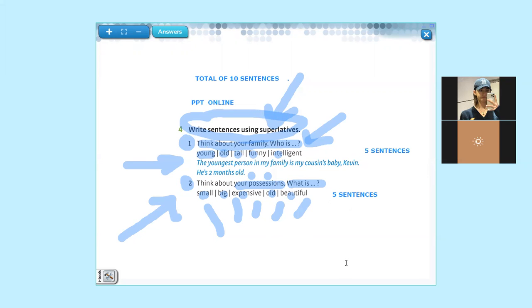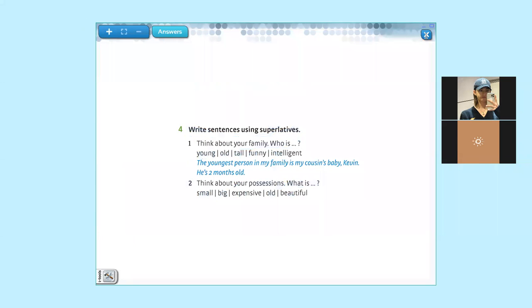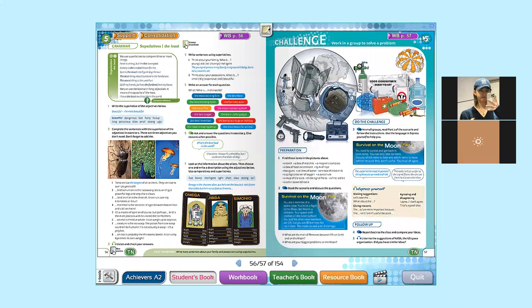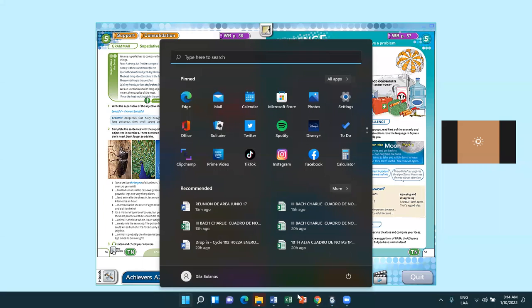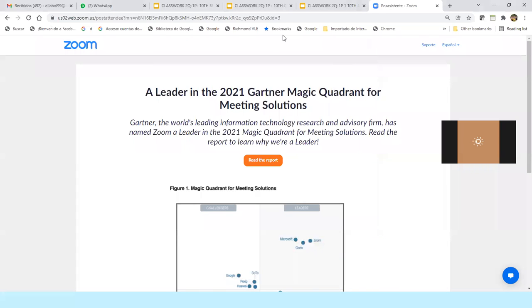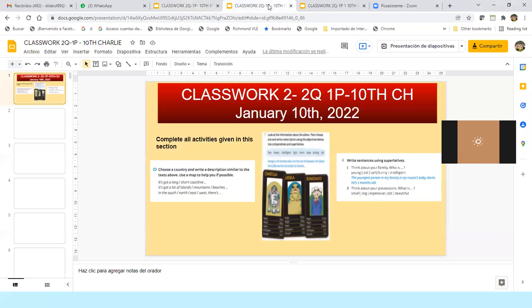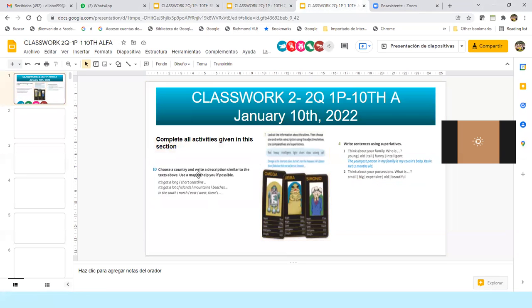Ready? Take your captures, please, so you can have the information. Okay, ready? Where you are going to find this information. Remember, this is activity number 4, and you are going to find it in your PowerPoint template. The number 1 is the activity number 10.